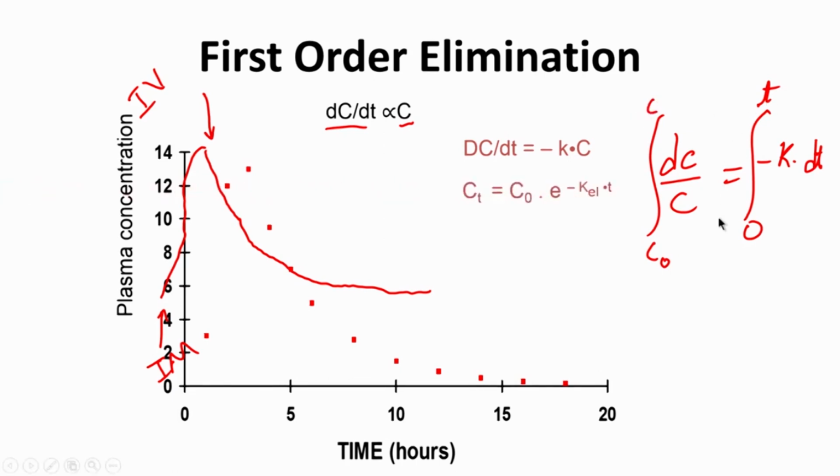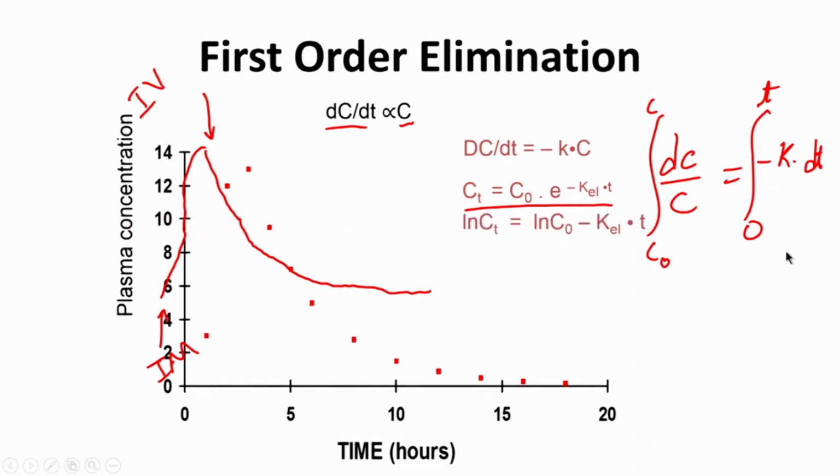If we do this, we find that Ct, the concentration at time t in the plasma, is equal to the initial concentration multiplied by the exponential decay with time, with the elimination rate constant.